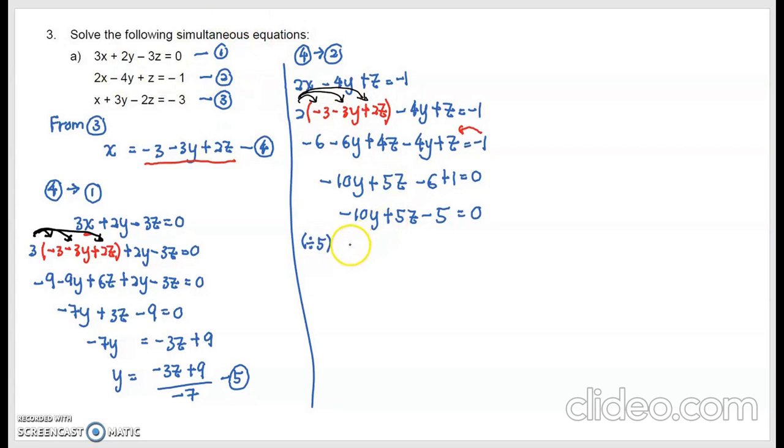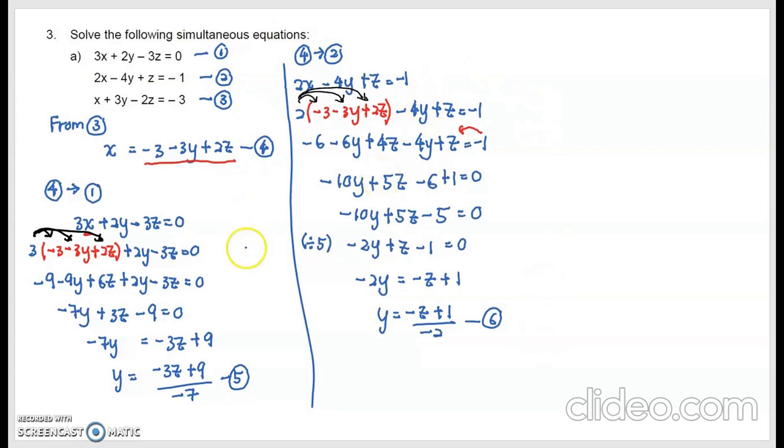So from here, I should have negative 2y plus z minus 1 is equal to 0. Since here I want y as the subject, negative 2y is equal to negative z when I move to the right hand side. Negative 1, move to right hand side, positive 1. So y is equal to negative z plus 1 over negative 2. Let's say here is equation 6.